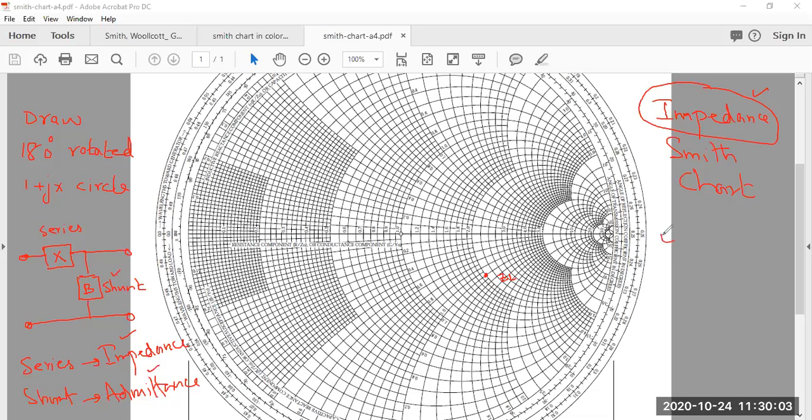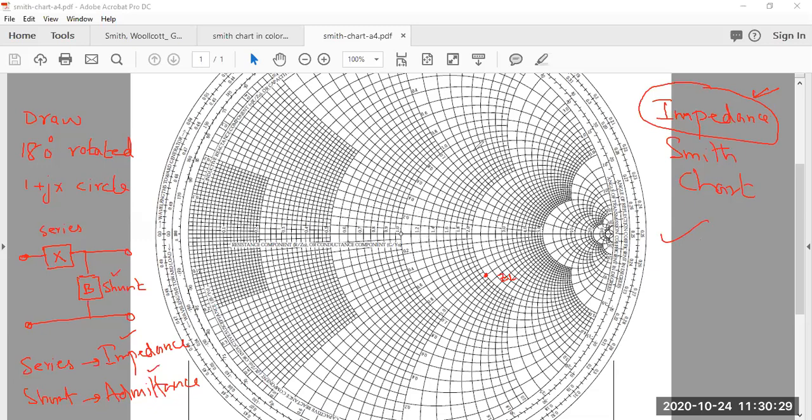If you rotate this chart by 180 degrees, the resistive circles become conductance circles and the reactive circles become susceptive circles. Based on this concept, whenever you are solving an L network problem and you only have an impedance Smith chart, this 1 plus jx circle is already drawn in front of you.